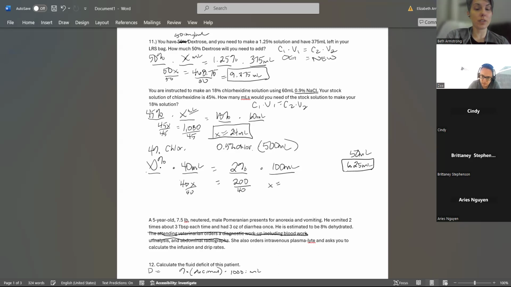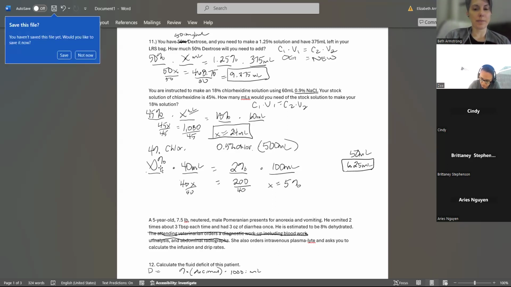X equals 5%. 200 divided by 40 is 5. So we started out at 5%. Make better sense.